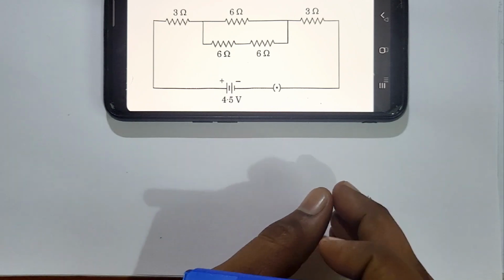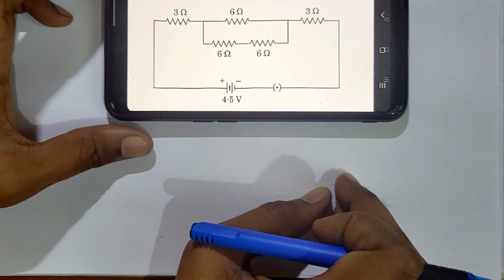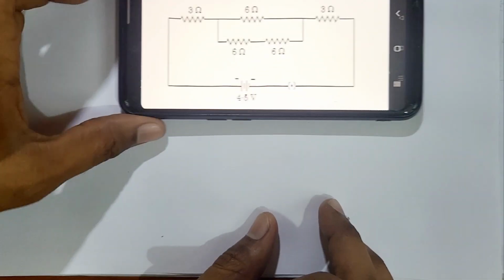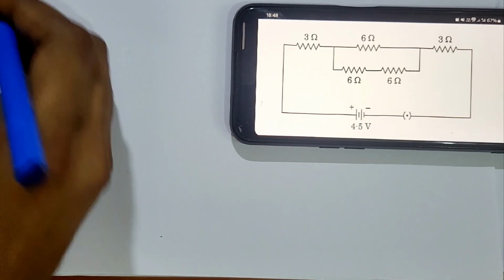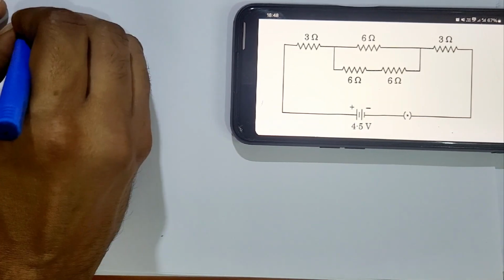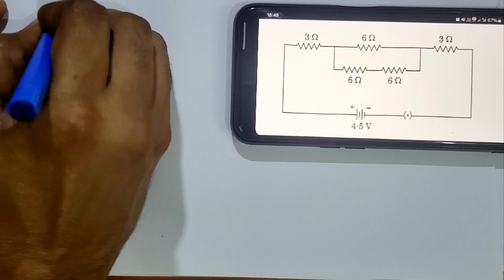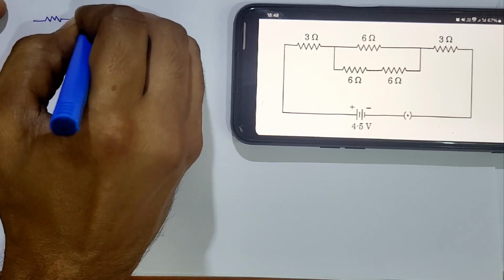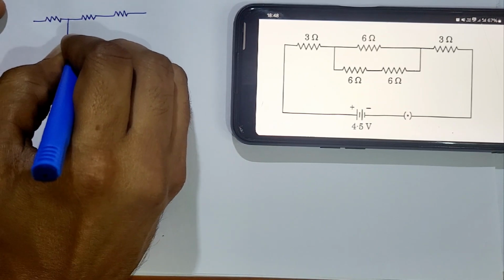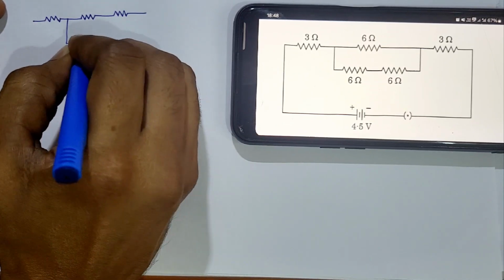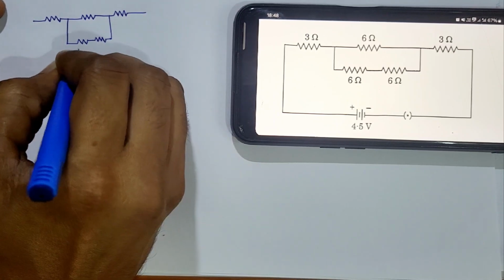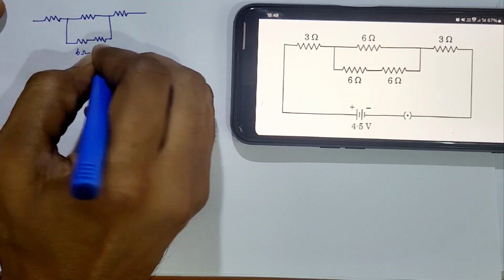Name the resistances. I will draw the circuit diagram here first. This is 6 ohm and this is 6 ohm.